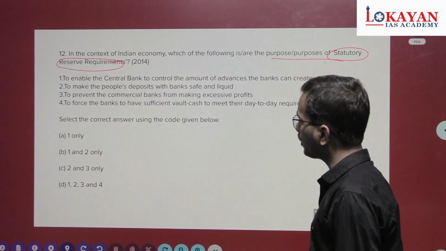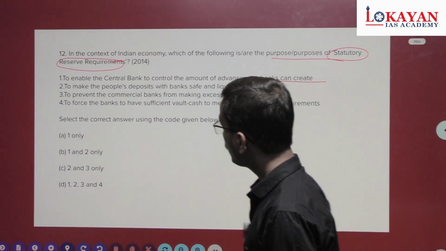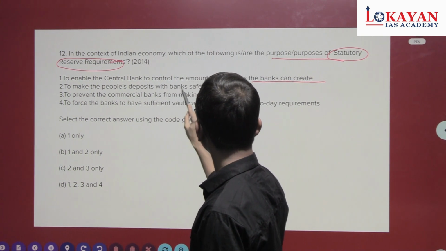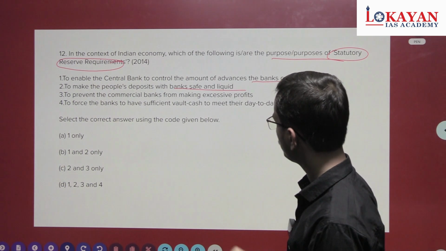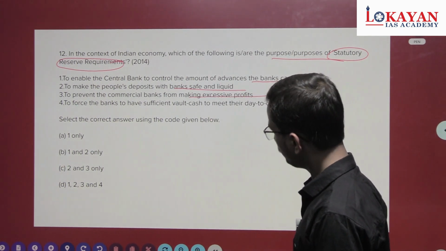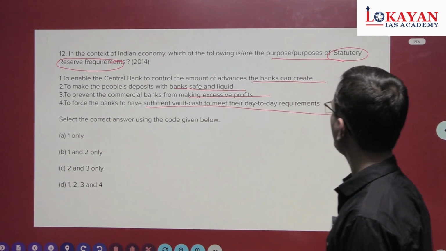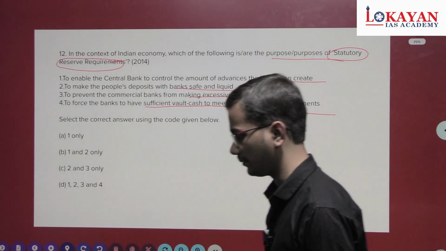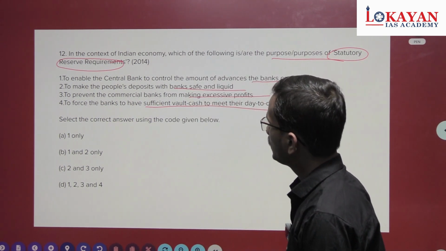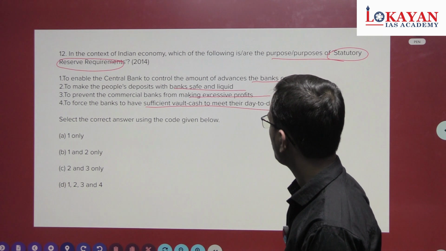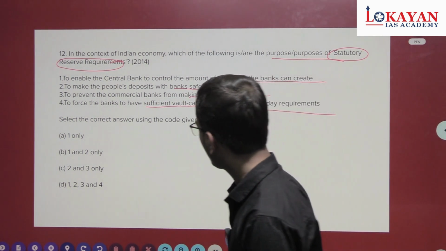To enable the central bank to control the amount of advances the banks can create, to make people's deposits with banks safe and liquid, to prevent commercial banks from making excessive profits, to force the banks to have sufficient vault cash to meet day-to-day requirements. Eliminate the most incorrect statement. The third statement, to prevent commercial banks from making excessive profits, is a very illogical and vague statement. Eliminate.